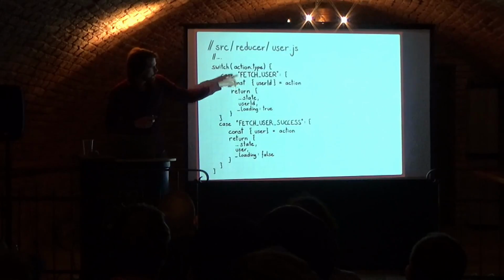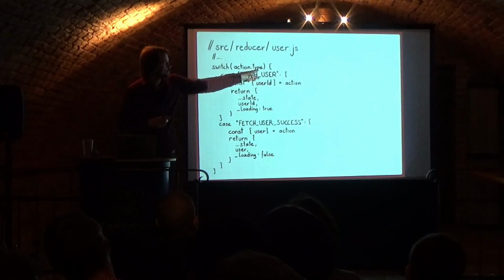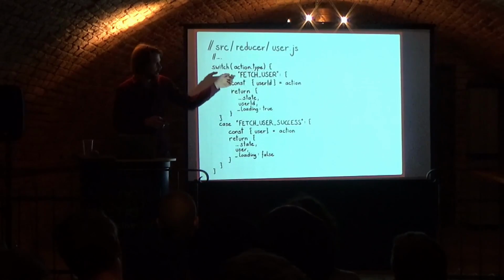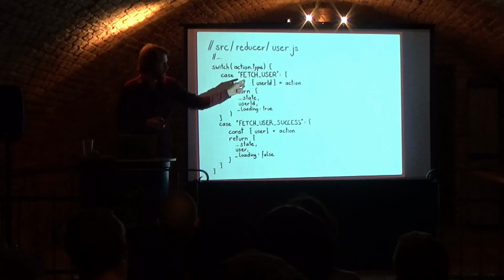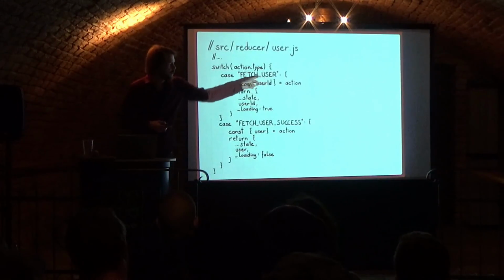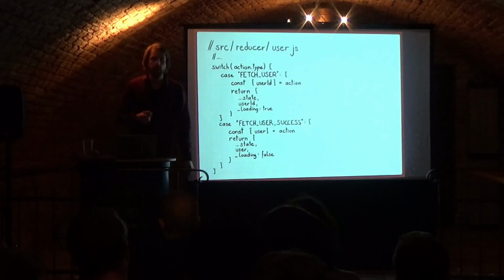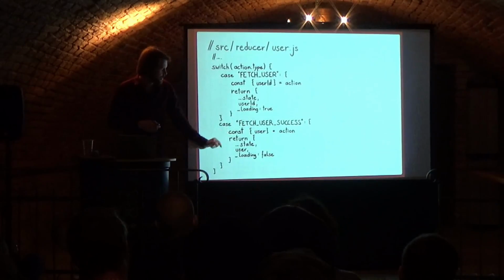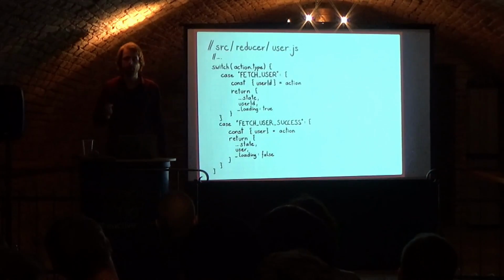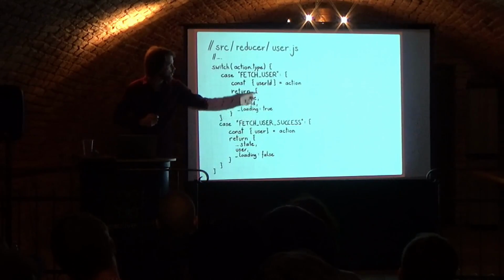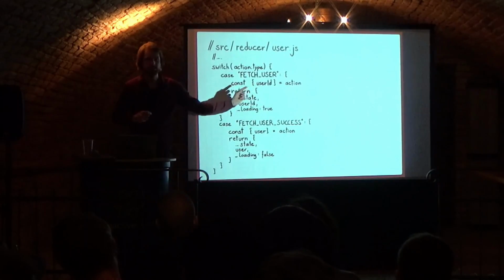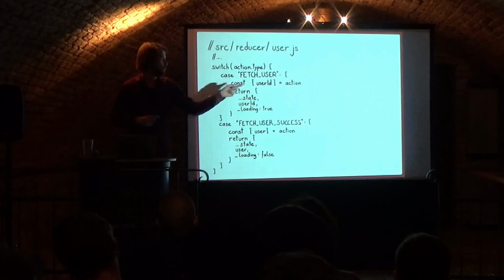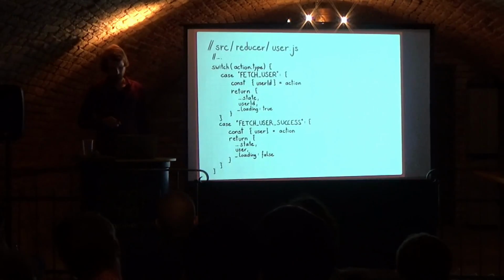So if action.type is, and we know it's a user action, if it's fetch user, it knows, okay, it should have a user ID property there, and it's guaranteed to be a string. And if I get a fetch user success, I get a user object, which is guaranteed to be a user object. If I try to use user in here, it will tell us, I don't know user. You're having here a fetch user action.